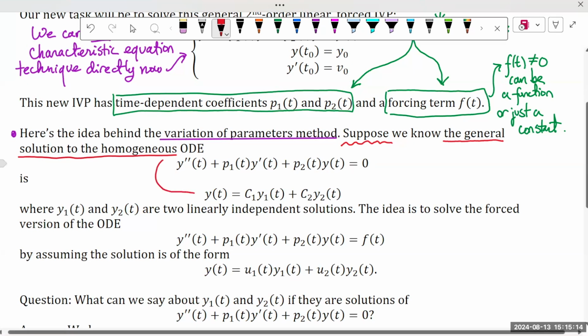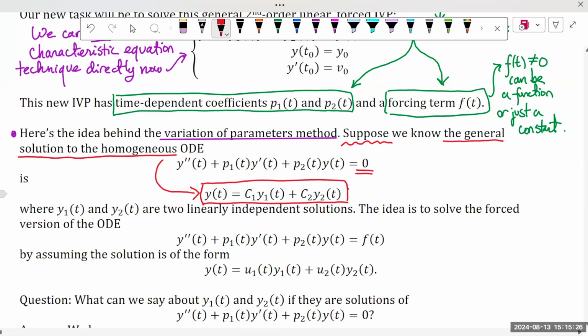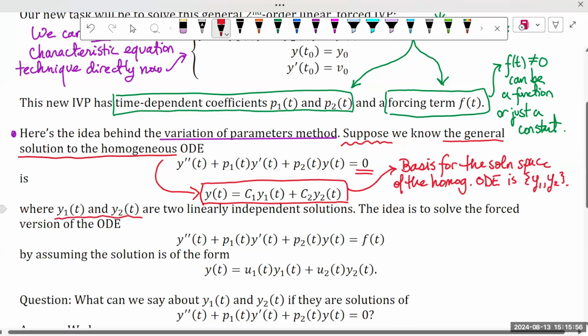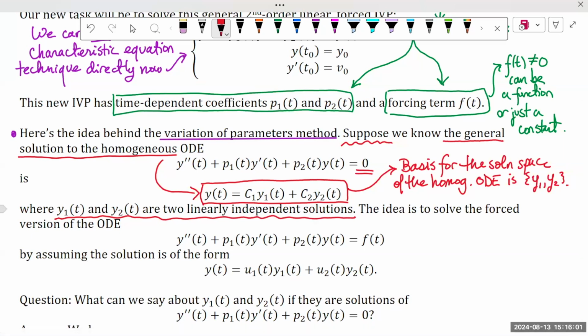In particular, the general solution to the associated homogeneous ODE will have the form C1y1 plus C2y2, where y1 and y2 are the basis of the homogeneous solution space. This is why we say that y1 and y2 must be two linearly independent solutions to the homogeneous ordinary differential equation. Again, let me emphasize here that the solution to the homogeneous differential equation must be known before we can apply the variation of parameters method.